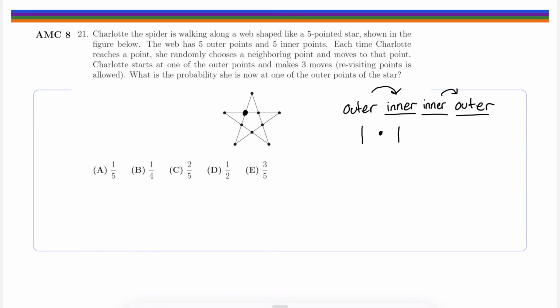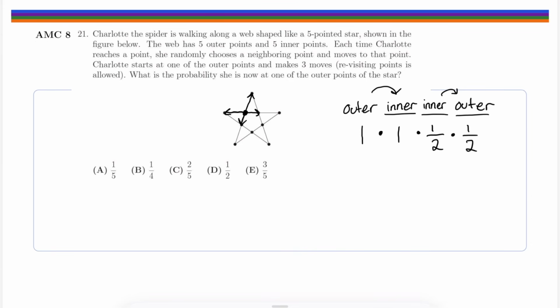She can either move to the outer points or to the inner points. There's 2 out of 4 ways for Charlotte to end on an inner point, which would be 1/2. Charlotte is still at an inner point, so the probability that she ends on an outer point is also 2/4 or 1/2.